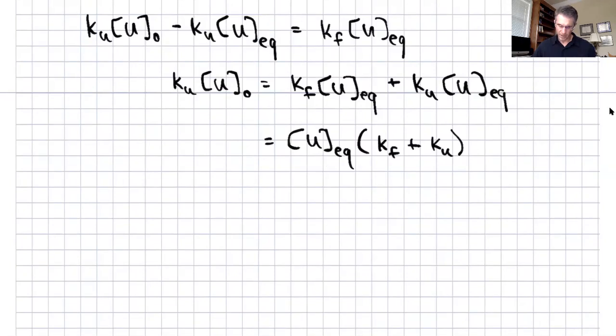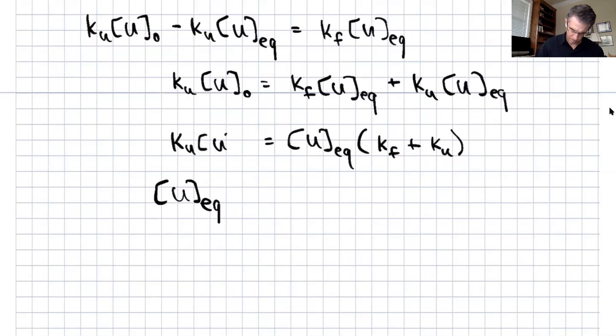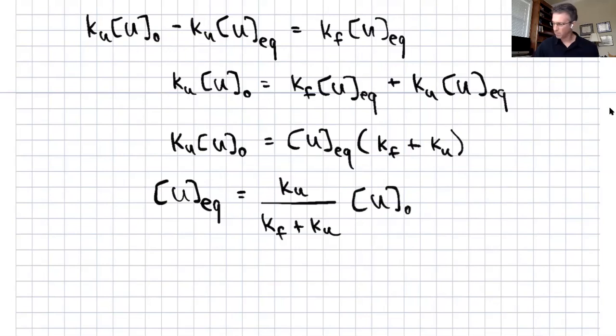So if I solve that for the concentration of U at equilibrium, what has to be true is that the concentration of U at equilibrium is just equal to Ku divided by Kf plus Ku times the concentration of U I started with.